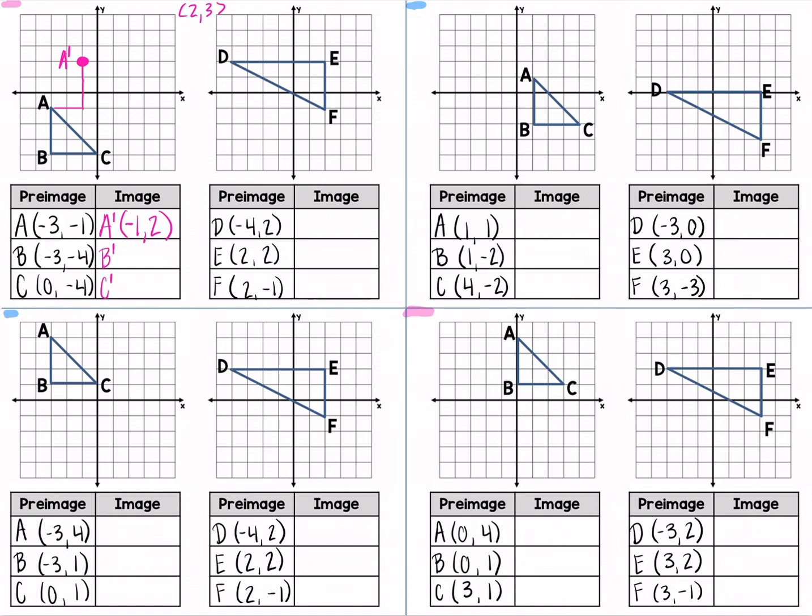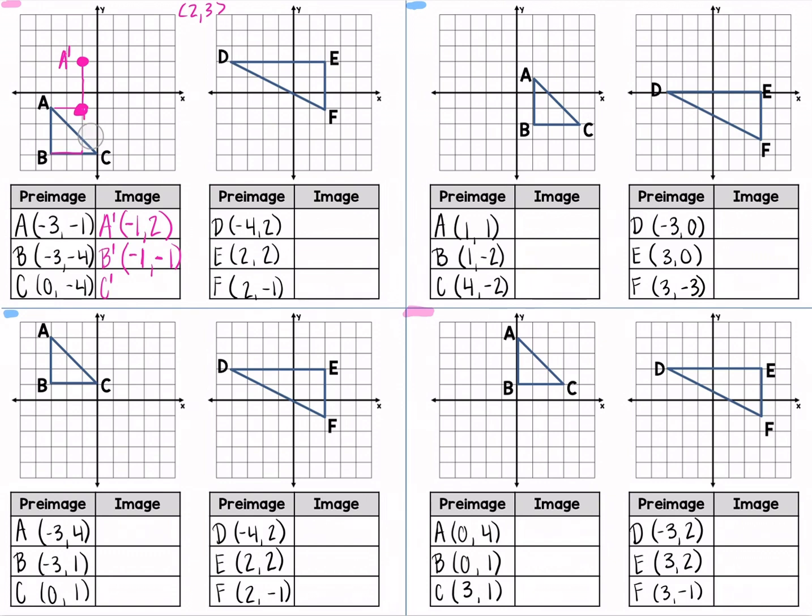Okay, so if you have the graph, you can count, or if you have the points, you can just add the numbers. So B prime is going to be negative 3 plus 2, which is negative 1, and negative 4 plus 3 is negative 1. Now on the graph, if we go to the right 2 and up 1, 2, 3, we end up exactly there.